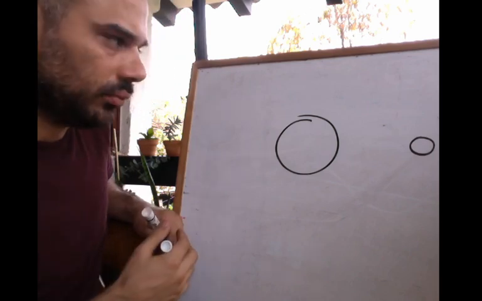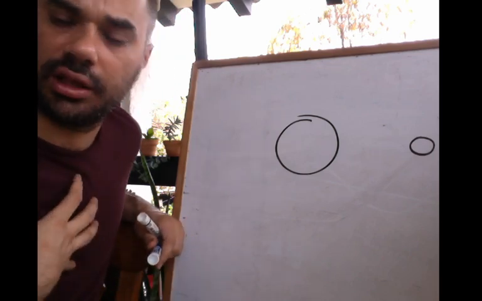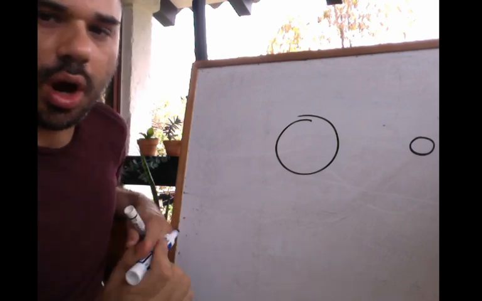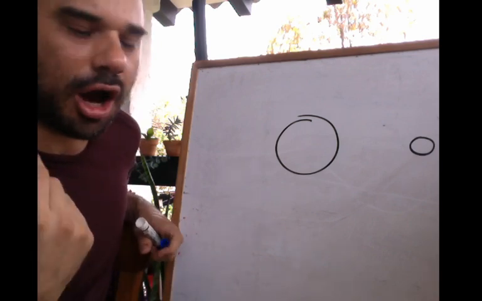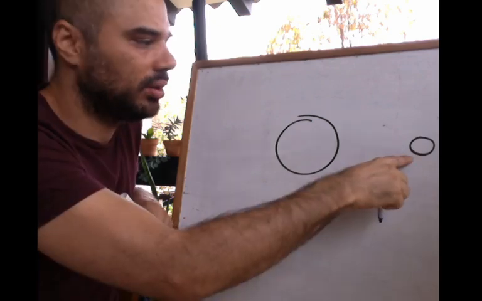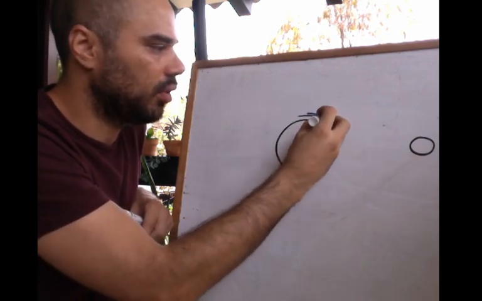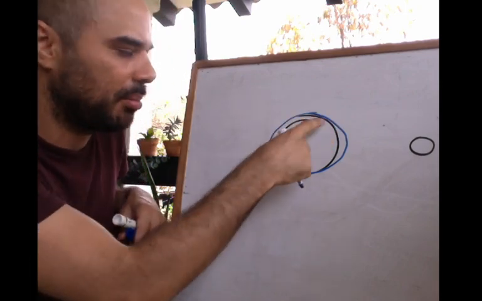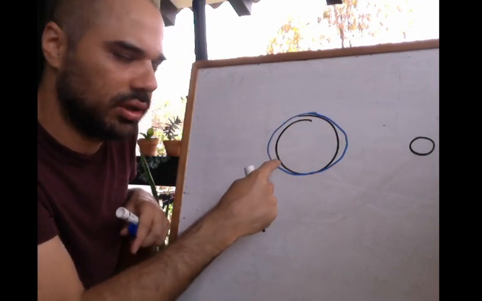Now, the gravity of the moon, we cannot feel it, but water can feel it, because water is not as heavy as solid objects. What happens when the moon is in one direction? The water of the oceans is going to be a little bit attracted. I'm exaggerating here, right?